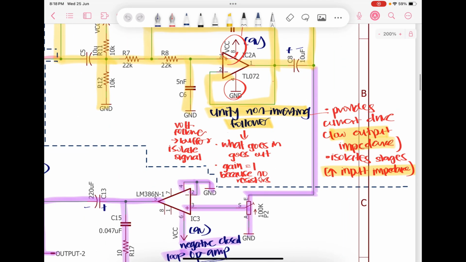Now, this unity non-inverting follower also provides current to drive, which is to explain the low output impedance over here. It also isolates the stage, which explains the high input impedance.